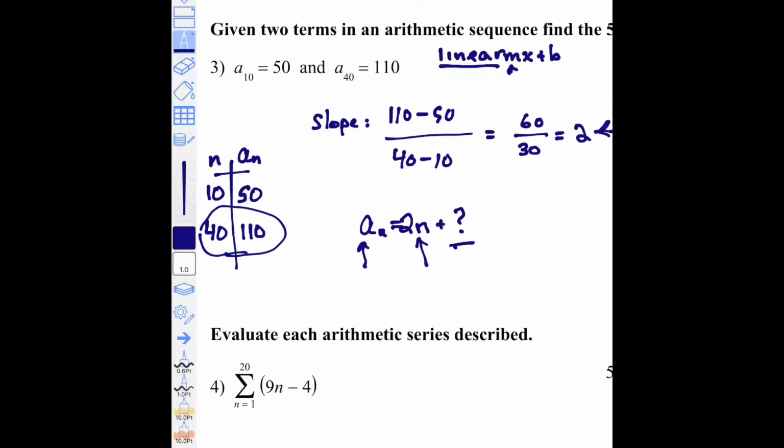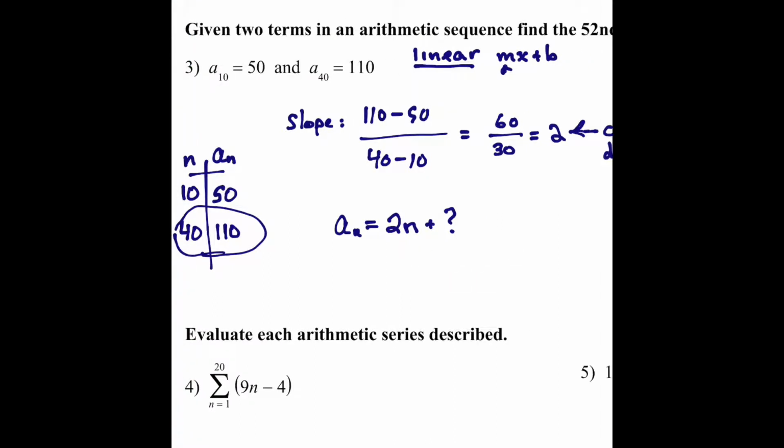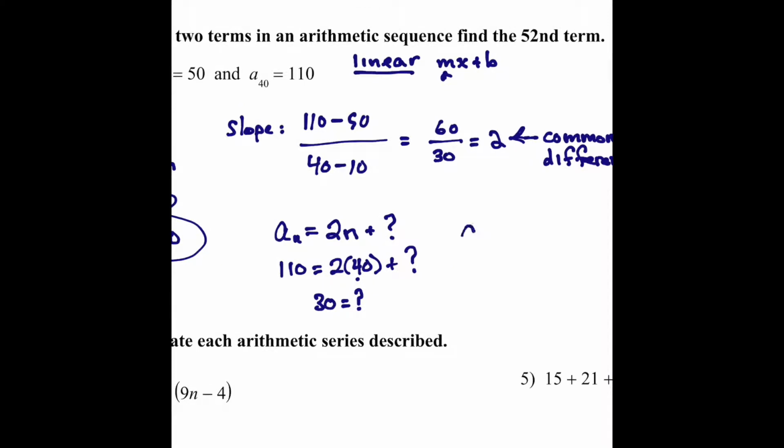So if I plug in that 40 and 110, so a sub n would be 110 and my n would be 40, that could help me find that missing value. So 2 times 40, that's 80. And if you subtract 80 from 110, you get 30.